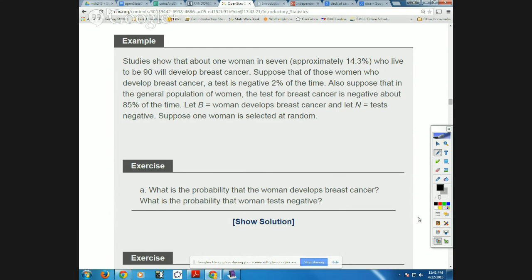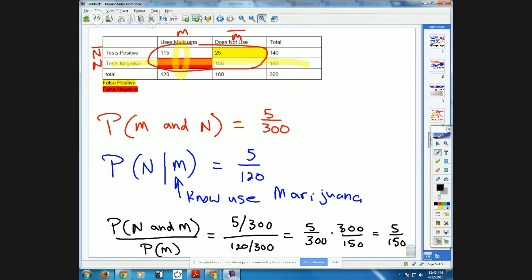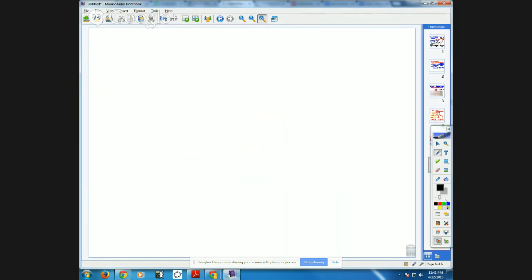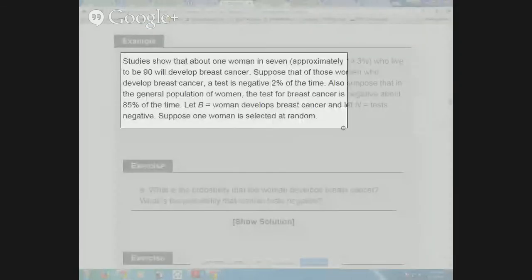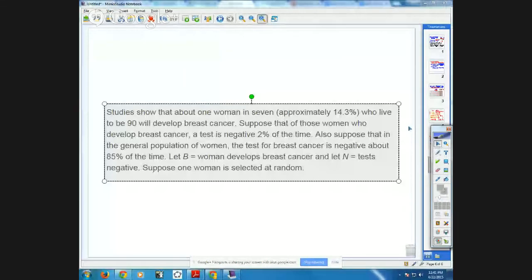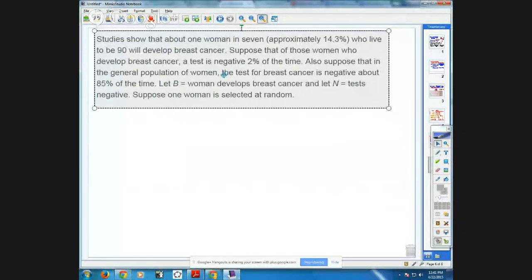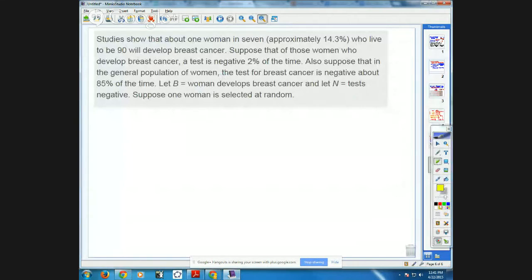So let's drag that into my notebook. New screen, clip. Okay, so B again, let's highlight that in yellow is a woman who develops breast cancer, and N is a negative test.